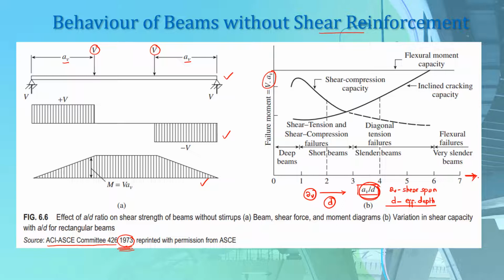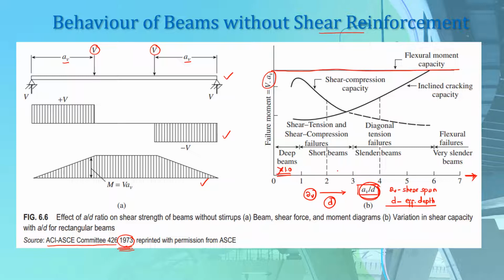There is one horizontal line in this graph, at the very top, which represents the full flexural moment capacity of our beams. We are studying the behavior of our beams for different ratios of a_v by d. If the value of this ratio is generally less than 1, we call them deep beams.